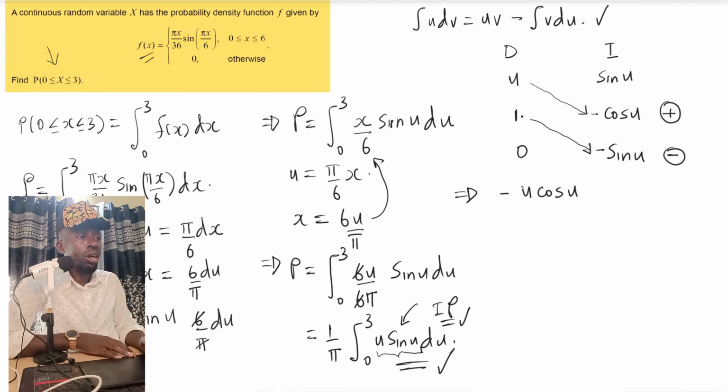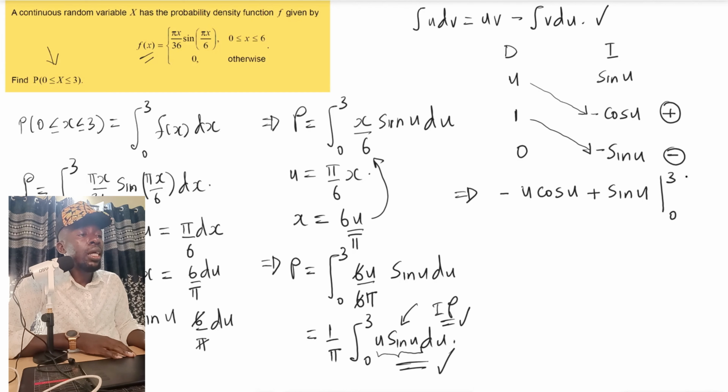Then we are taking 1 multiplied by minus sine u, then we multiply by the sign. The sign is negative, so here we are getting plus sine u. But here we are not adding an arbitrary constant. What are we putting? The limits.